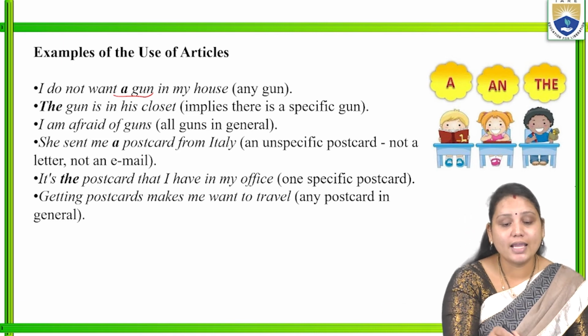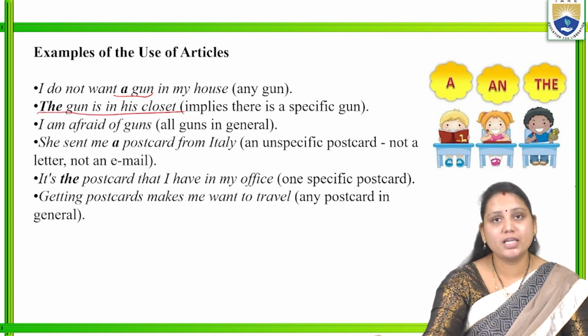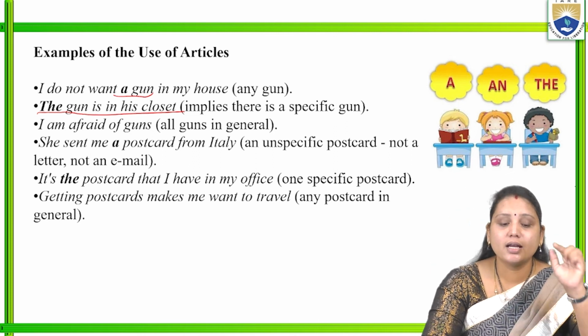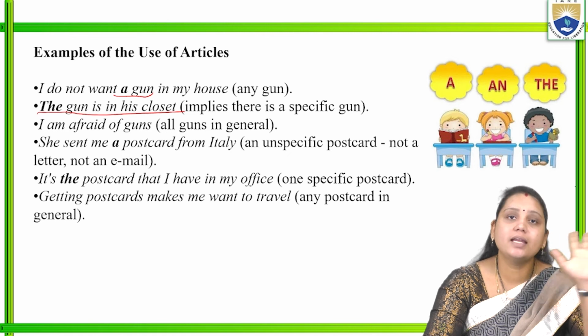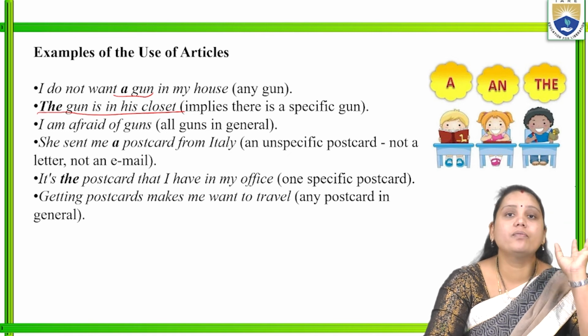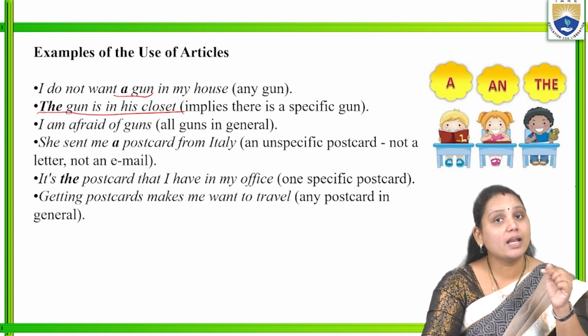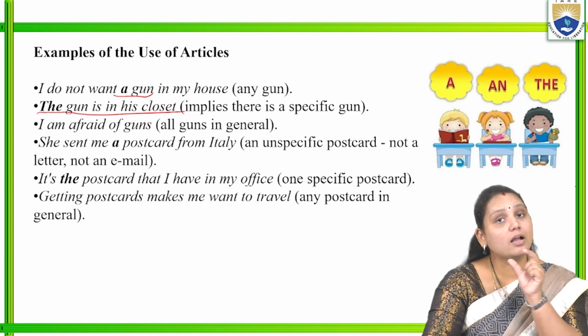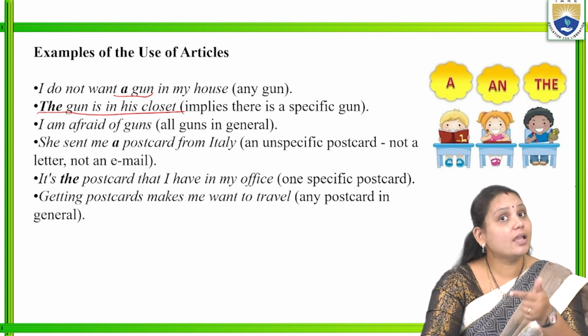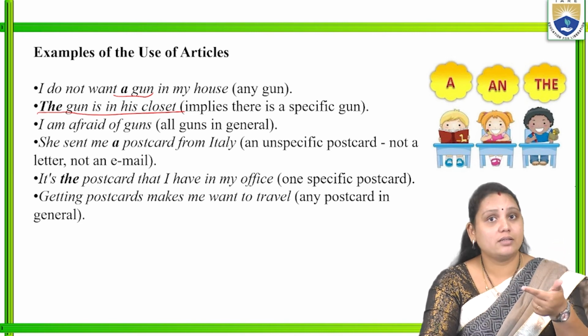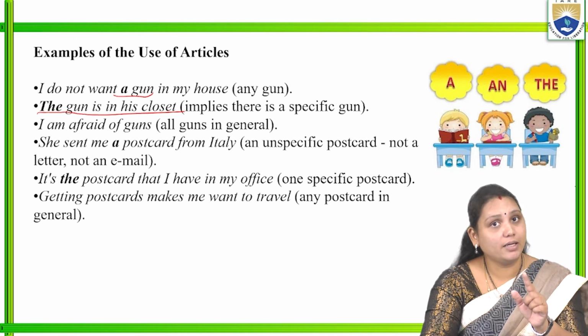Next, the gun is in the closet. Now see the difference from one sentence to the other. Here I said I do not want a gun. That means any gun I don't want. There are n number of guns. But when I said the gun in the closet, you are referring specifically to the gun which is in the closet. Here you are using the.